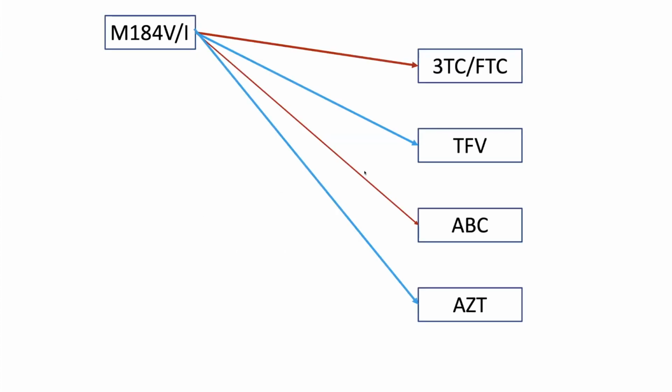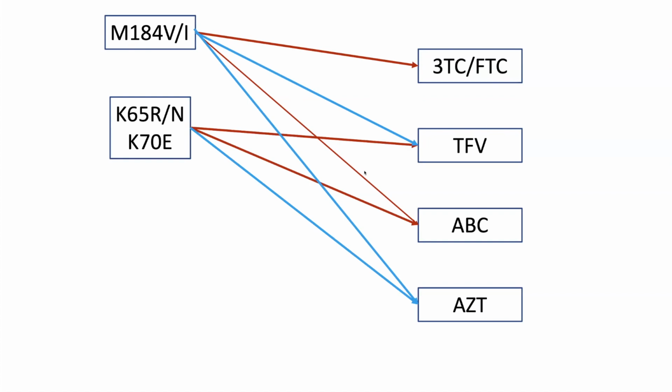This slide will summarize the phenotypic effects of the most common NRTI resistance mutations. M184V and I cause high-level reductions in susceptibility to 3TC and FTC, that's shown by the thick red arrow, and low-level reduced susceptibility to abacavir while increasing susceptibility to tenofovir and AZT. K65R and N and K70E reduce susceptibility to tenofovir and abacavir, but increase susceptibility to AZT.